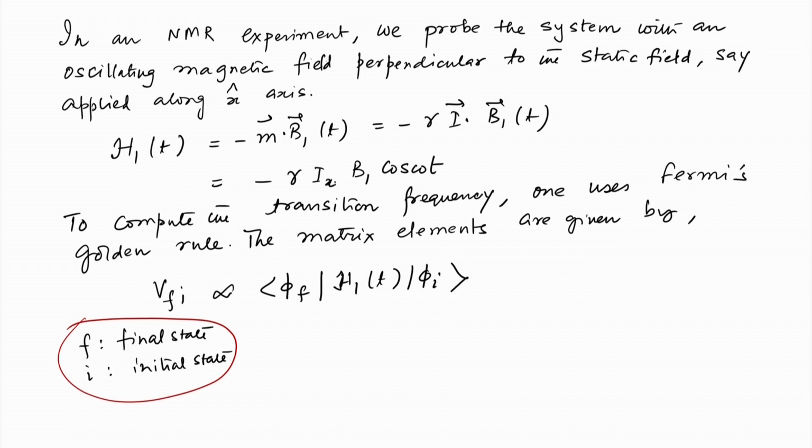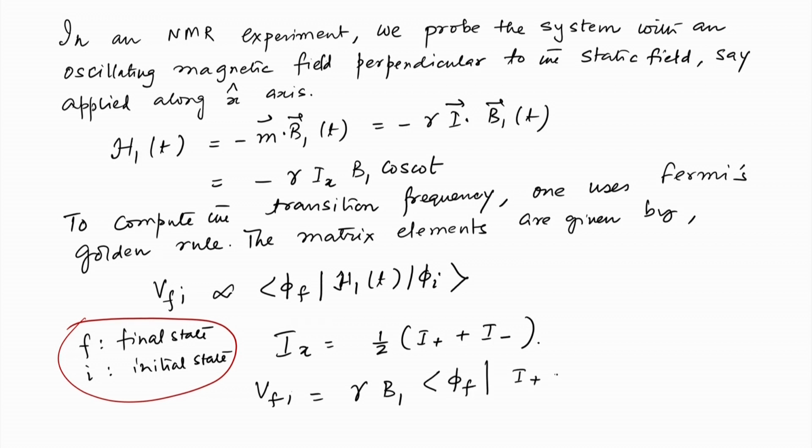Now, as it is written here, H 1 is proportional to I x. One knows that I x can be written as half of I plus plus I minus, in which case V f i is equal to gamma B 1 times the matrix element of phi f, I plus plus I minus, phi i.